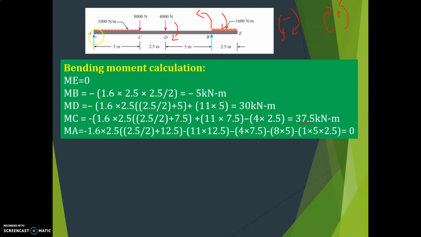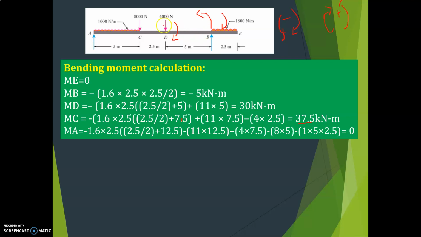Next point is at A. Obviously it has to be 0, but still you have to write the equation. How can you write it? First is 1.6 into 2.5 into half of 2.5 plus 5 plus 2.5 plus 5, so that is 12.5. Then minus RB, 11 into 5 plus 2.5 plus 5, that is 12.5, so minus 11 into 12.5.